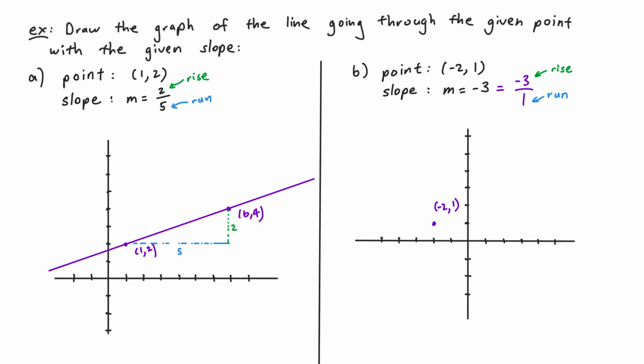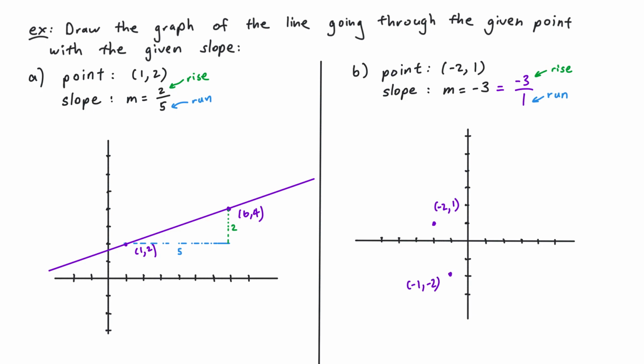So starting at the point (-2, 1), if we go to the right 1 unit, we'll end up at the x-coordinate -1. And for the y-coordinate, if we start at 1 and we go down 3 units, we'll end up at -2. So our second point will be at (-1, -2).